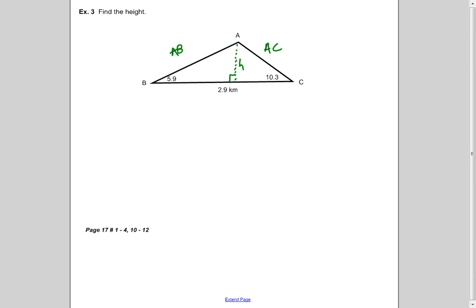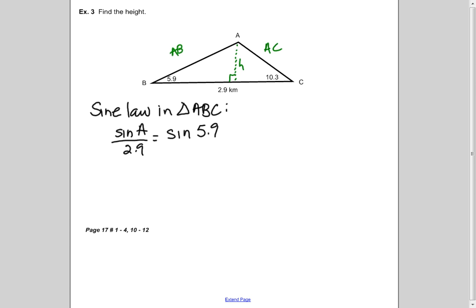So I'm going to set up my sine law with the triangle ABC. Okay, in the triangle ABC, I have sine A over 2.9 equals sine 5.9 degrees over little b, or AC, is the same, equals sine 10.3 degrees over little c, or AB.